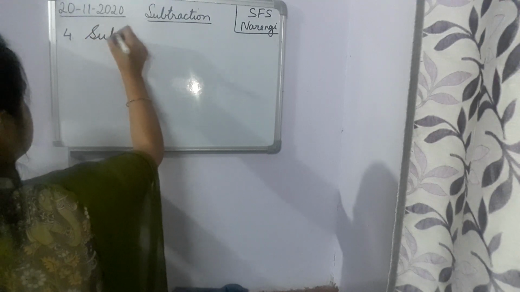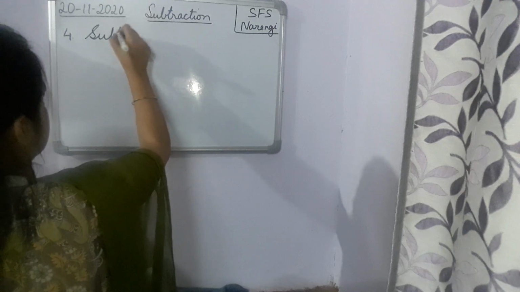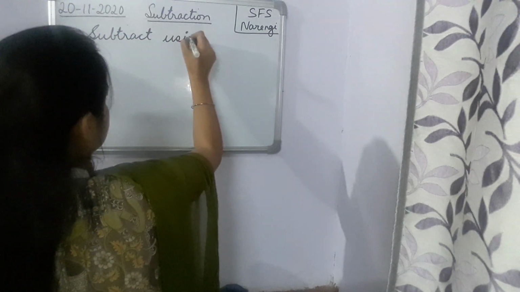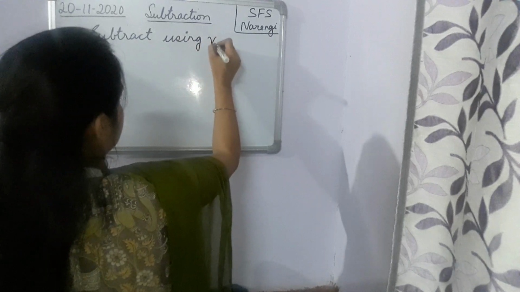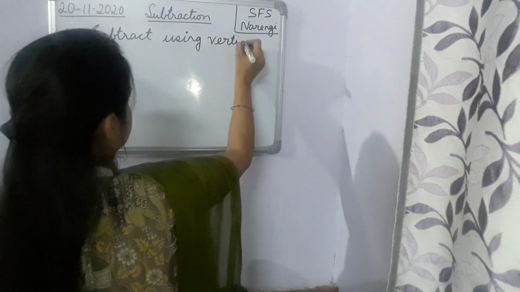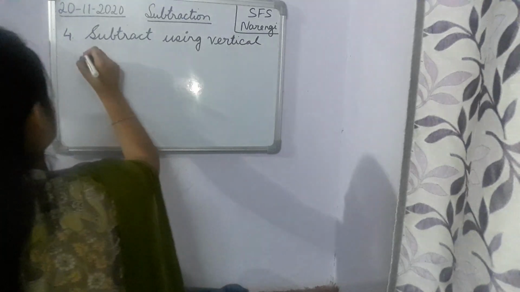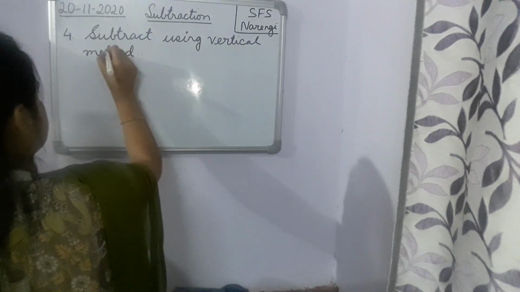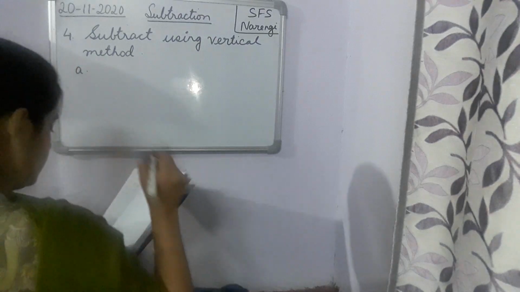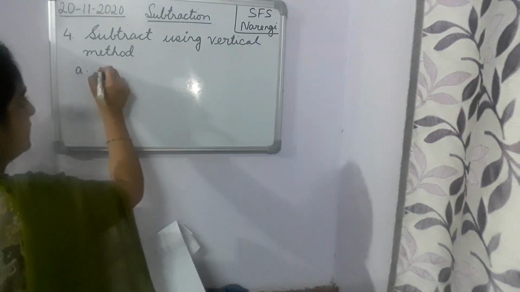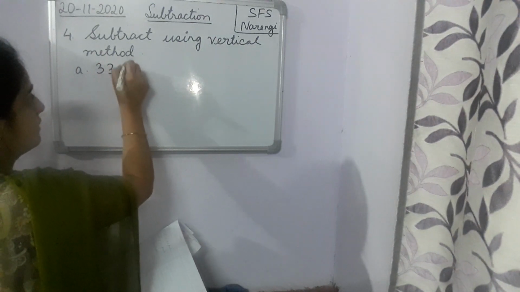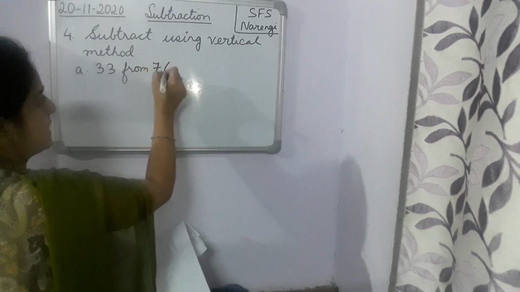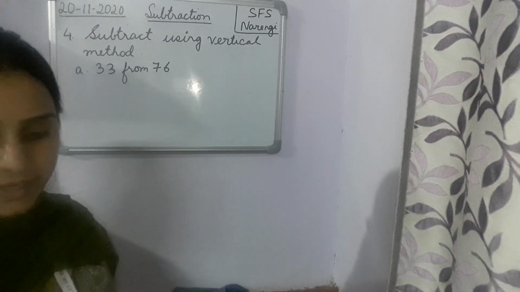Subtract using vertical method. Subtract using vertical method. Okay? That is 33 from 76. So let's do it.